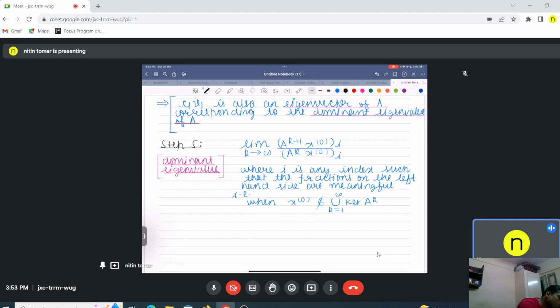And this is where the third hypothesis comes into the picture, and this holds due to H3. So when you find this limit, it will be lambda 1.